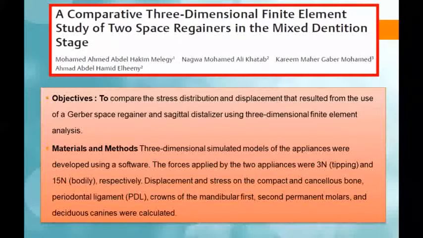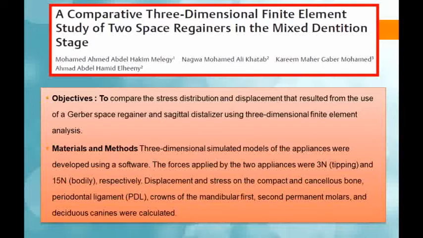Now, a comparative three-dimensional finite element study of two space regainers in the mixed dentition stage. The objective of this study was to compare the stress distribution and displacement that resulted from the use of the Gerber space regainer and the sagittal distalizer using three-dimensional finite element analysis.